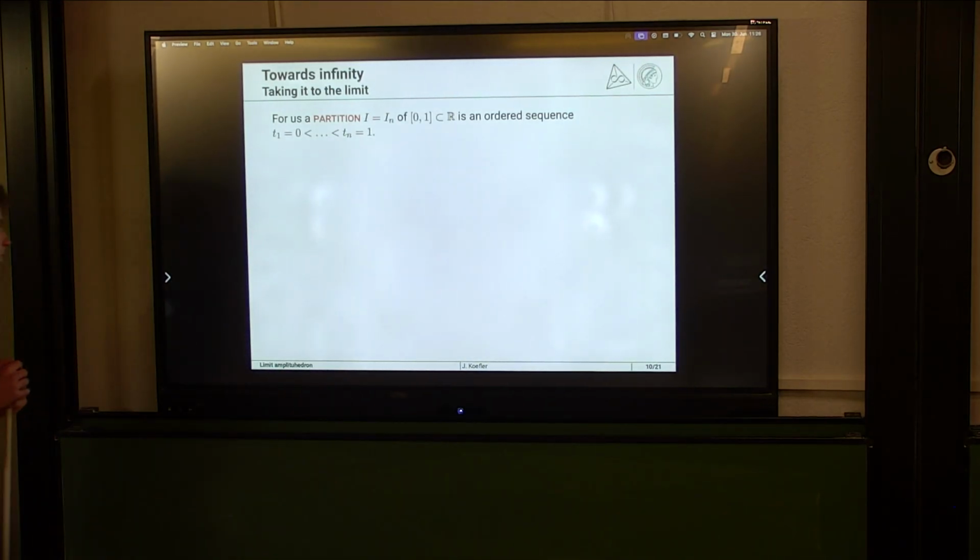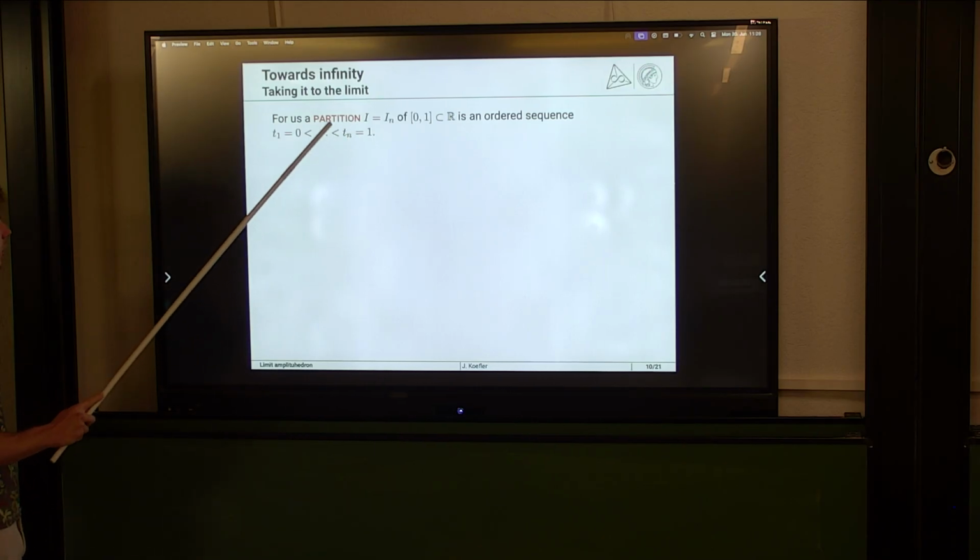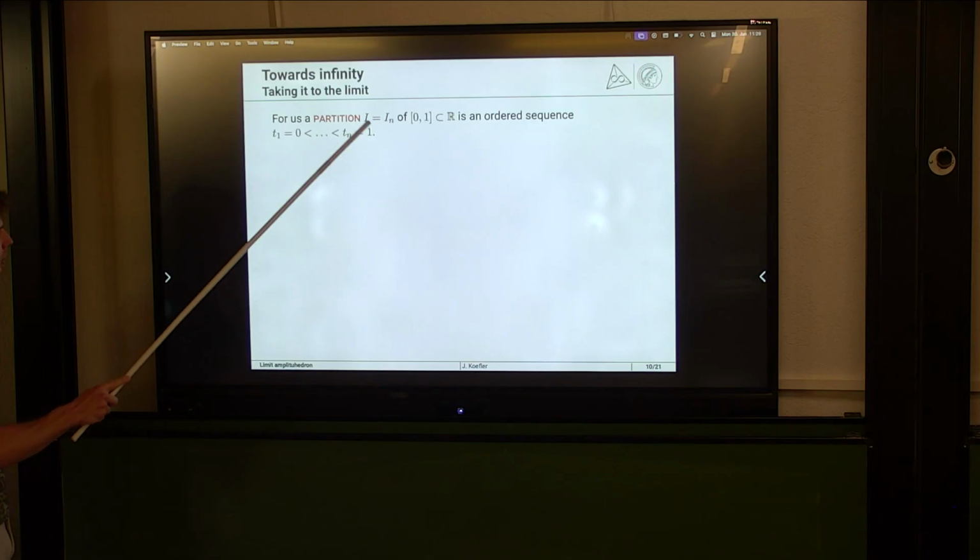All right. So we can finally take things to infinity, and we're going to do so by introducing a notion of partitions, which is going to be helpful for us. For us, a partition is a sequence of length n, labeled by s_i, of the real interval 0 to 1.